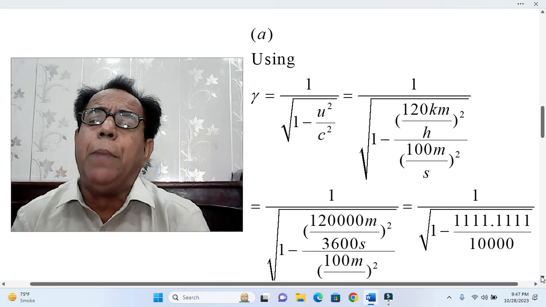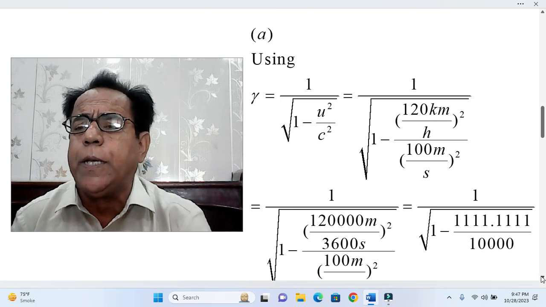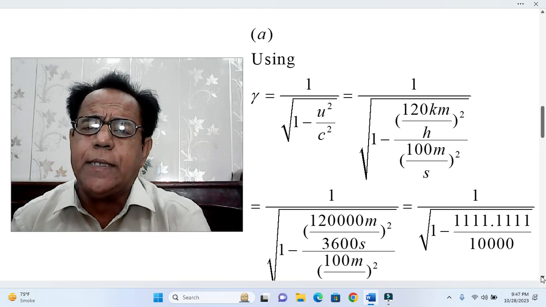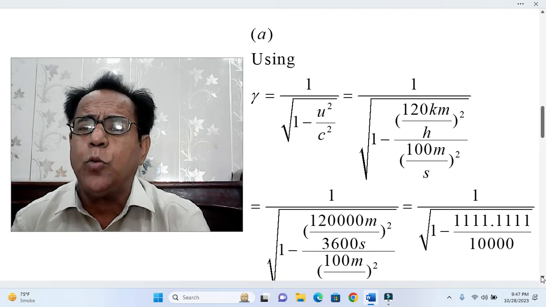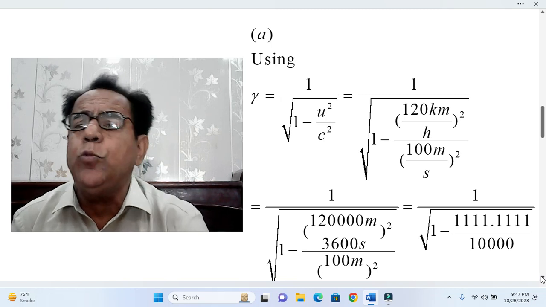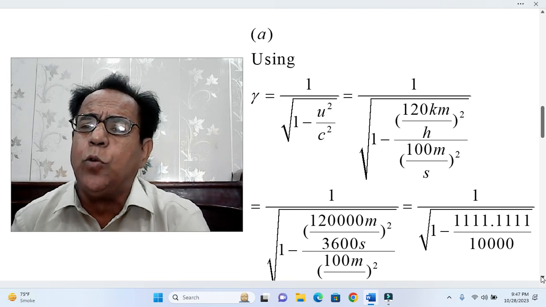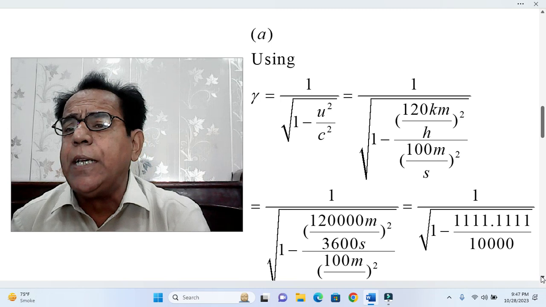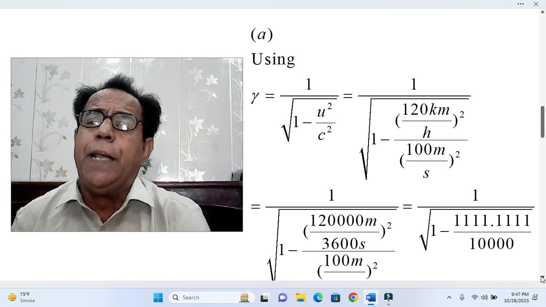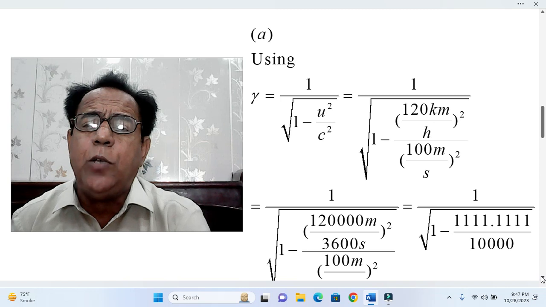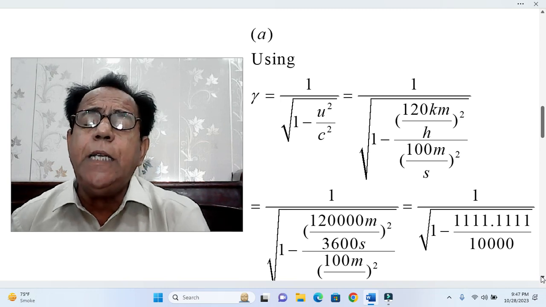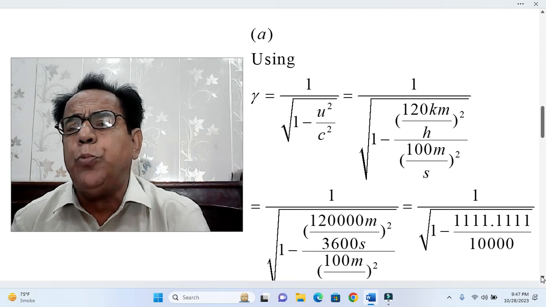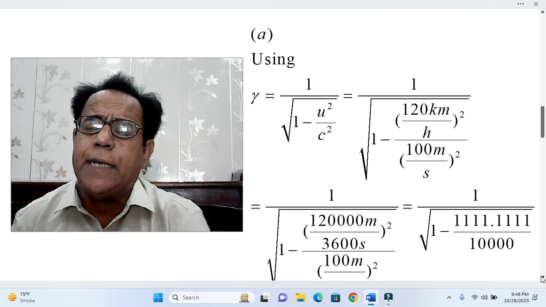Using gamma equal to 1 over under root 1 minus u square over c square, which we have introduced in the first snapshot, this becomes equal to 1 over 1 minus, in place of u we are using 120 kilometers per hour, while in place of c we are not using the standard value of speed of light, which is 3.0 into 10 raised to the power 8 meters per second, or sometimes 2.998 into 10 raised to the power 8 meters per second.